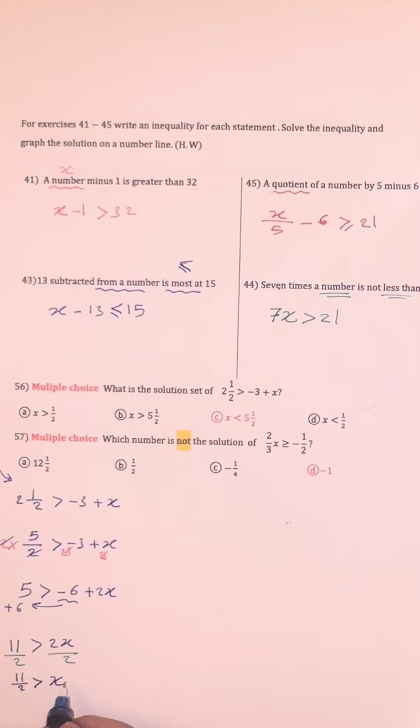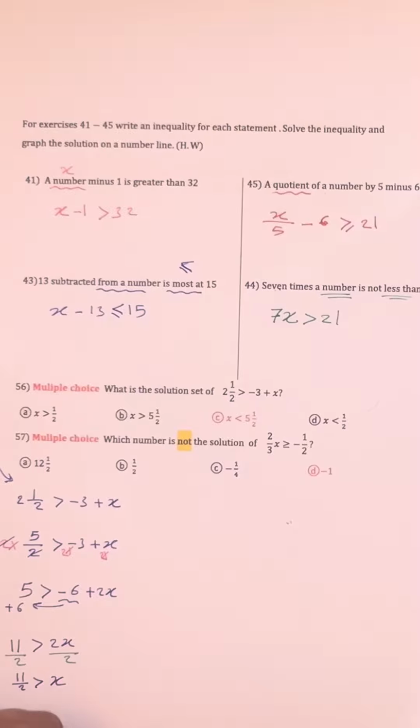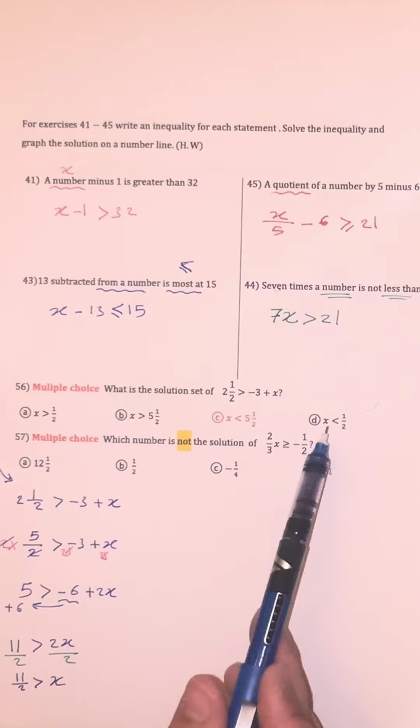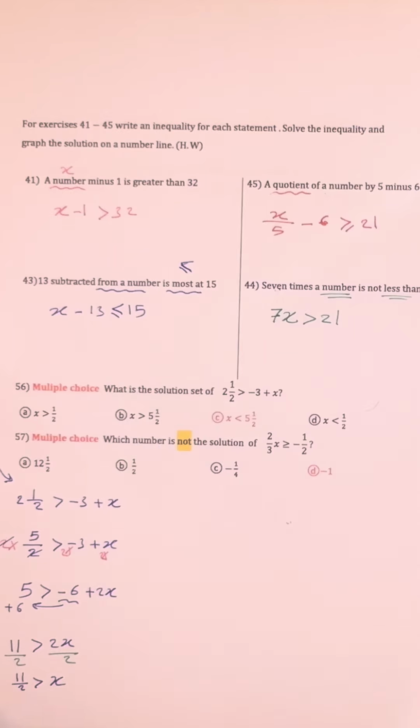And 11 over 2 as a decimal number by long division, okay? You get, divide them, will be 5. 5 times 2 will be 10, minus them will be 1. Because there is no decimal number in the multiple choice, I will write this improper fraction as a mixed number, okay?